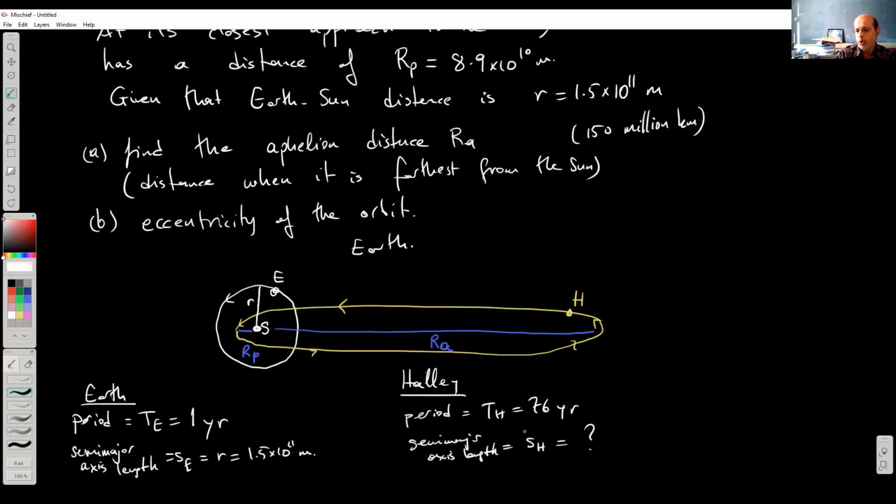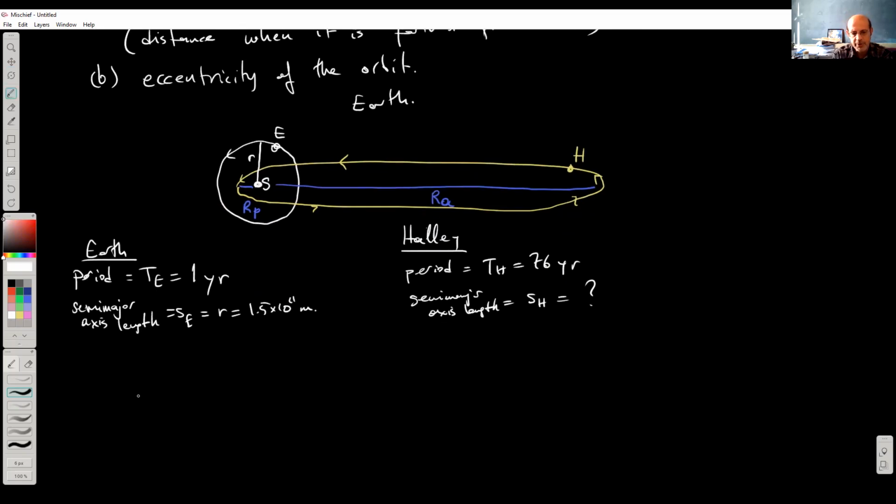To do this, I just compare the orbits of Halley and the Earth. And by doing this ratio, I can actually find the relationship. So the relationship is this. The square of the ratio of the periods is equal to the cube of the ratio of the semi-major axis lengths.